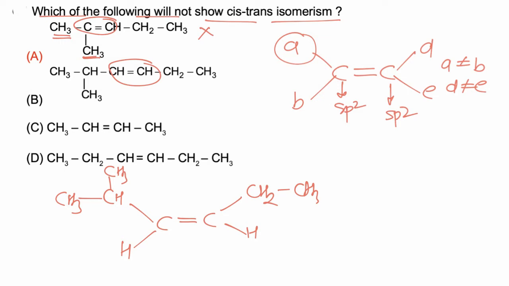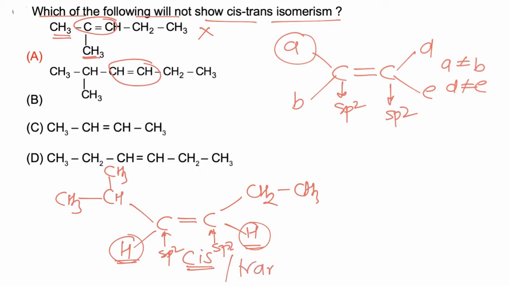A is not equal to B and D is not equal to E. So this molecule will show GI. Now for cis-trans isomerism, both sp2 carbons must have at least one common atom. So hydrogen is common on both carbons. Now this is cis configuration, and if at one carbon the hydrogen is written on the opposite side, then the configuration will be trans.